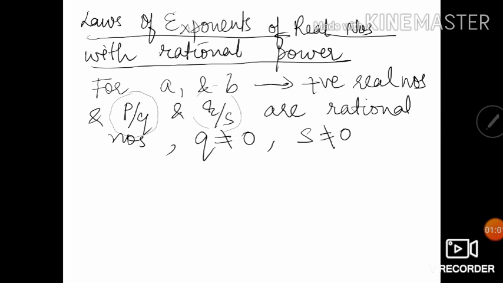Then we can write the laws that we have learned in terms of these powers. So let's write down these laws.